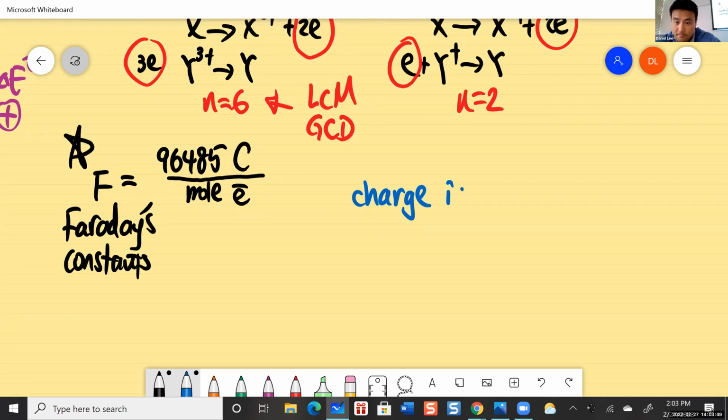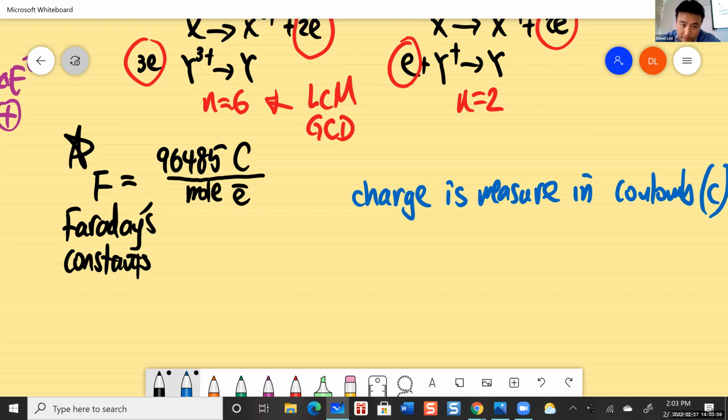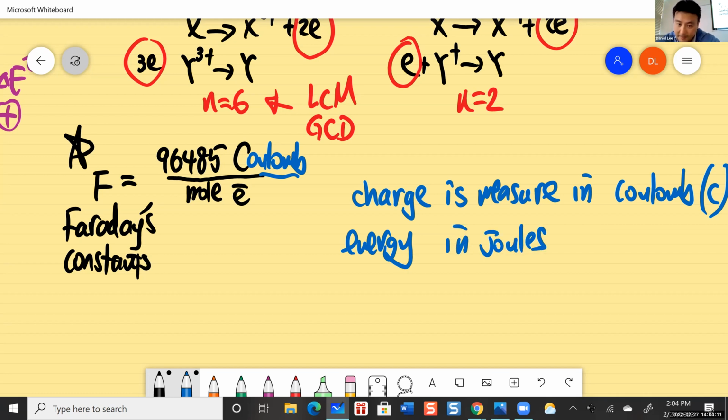Charge is measured in coulombs, not in electrons. Coulomb has the symbol C. Coulomb is the proper unit for charge, the same way energy is measured in joules. Charge is in coulombs, time in seconds.